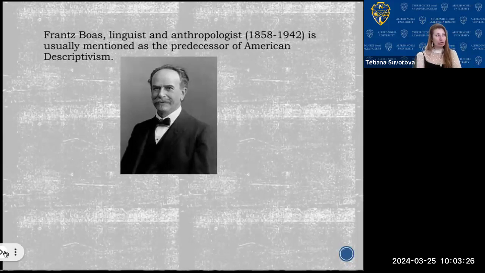For example, in the Eskimo language, we have 50 names of snow, 50 nominations of snow, while in English or Ukrainian only one. Snow and snow. So we can use adjectives to describe the type of snow, but for us it's snow. Okay, we understand. We don't need more.